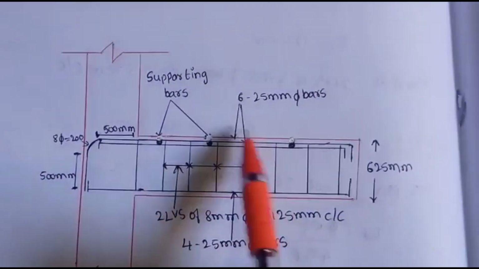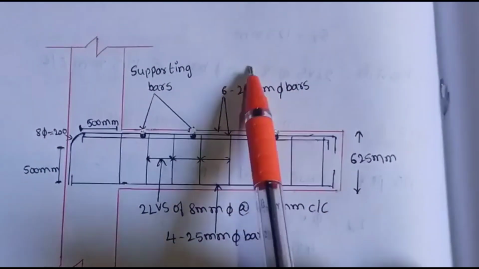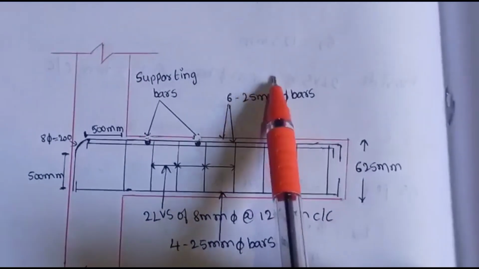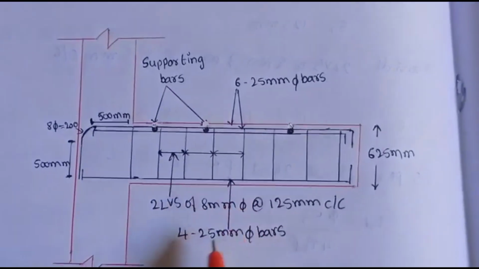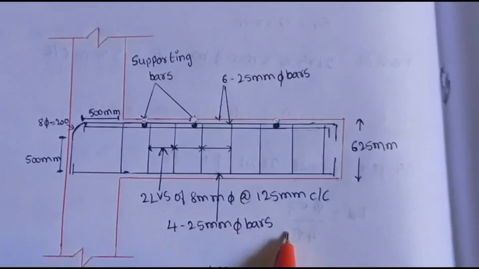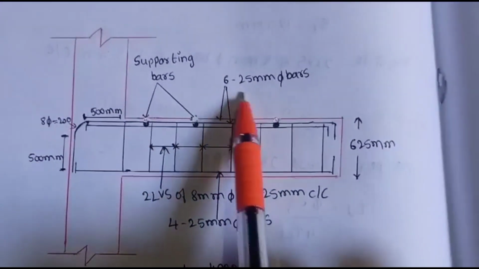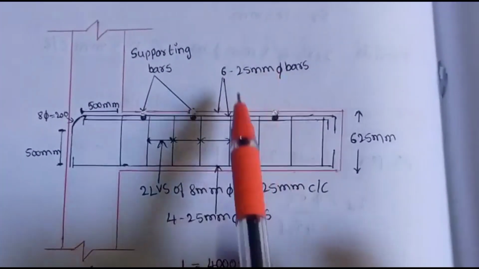So here 6 numbers of 25 mm diameter bars at the top side is the tension reinforcement, and this is the compression reinforcement, 4 numbers of 25 mm diameter bars, because it is a cantilever beam.